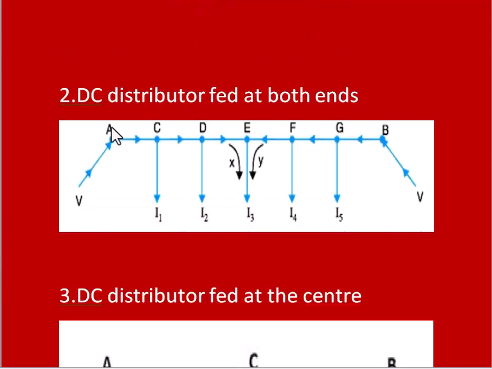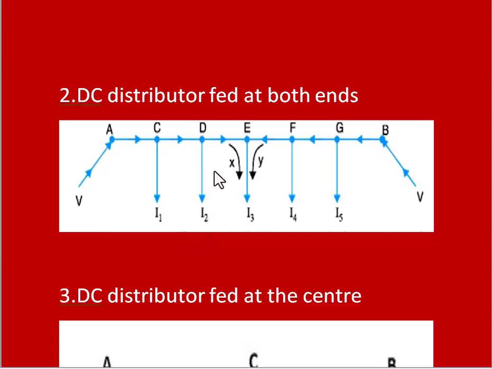Second is DC distributor fed at both ends. In this case, line AB from here to here represents the distributor, and at end A one supply is connected with voltage called V. Similarly, another voltage source is connected at point B like this. On the distributor at point C, the load connected is I1.